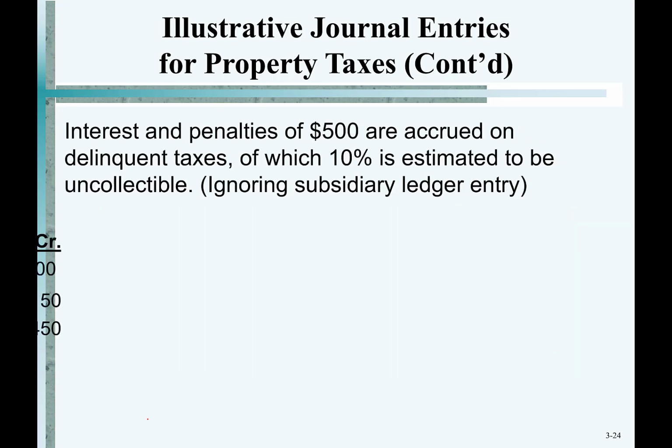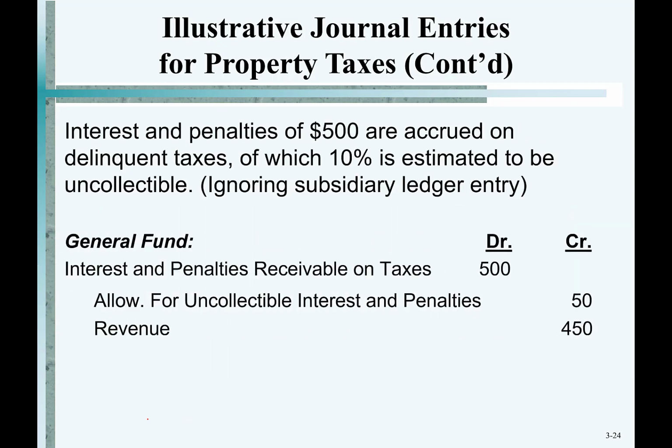Now, since these people are late, we're going to go ahead and hit them with interest and penalties. So we debit interest and penalties receivable. We figure some people aren't going to pay the interest and penalties, so we set up an allowance for that. We record the interest and penalty revenue net of the amount we're not going to collect, right?